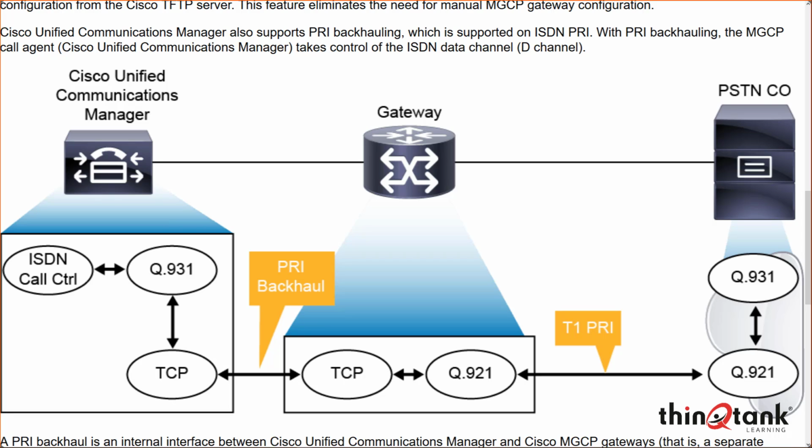We could do PRIs, T1s, T1 CAS, T1 CCS, FXO, FXS, and so on. And we also know that the gateway itself pulls its MGCP related configuration from the call manager TFTP server.